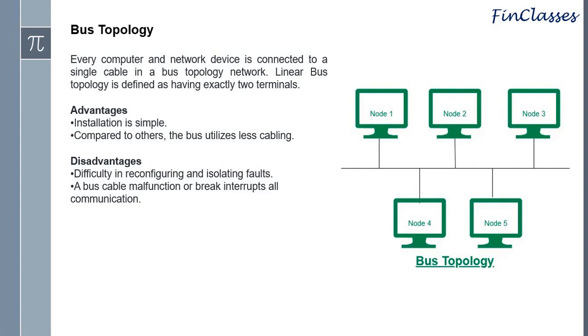In a bus, malfunctioning of a cable or break interrupts all the communication. That is a straightforward understanding, right? So every computer or device is directly connected to a single cable. So any interruption in this hub cable or center cable will interrupt the entire network.